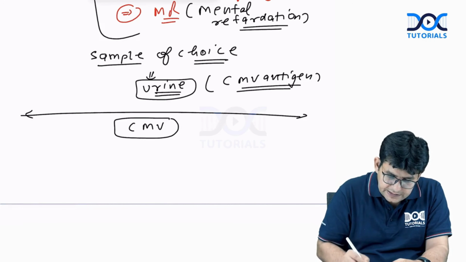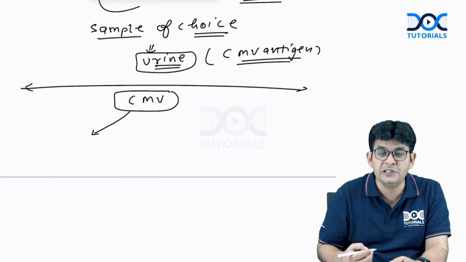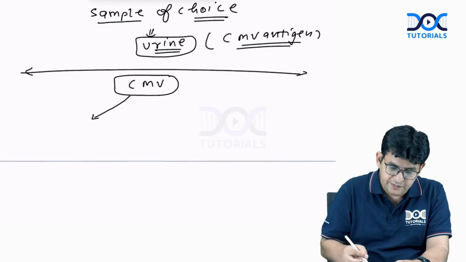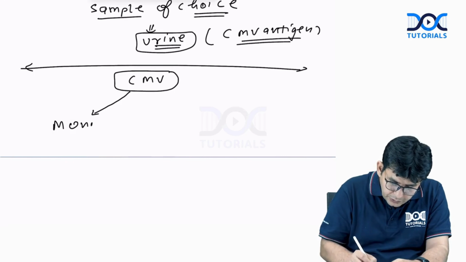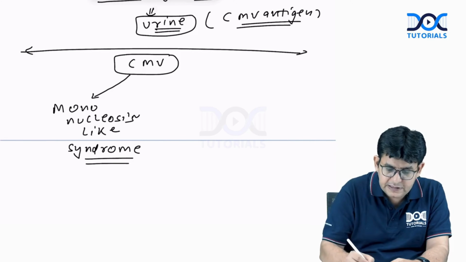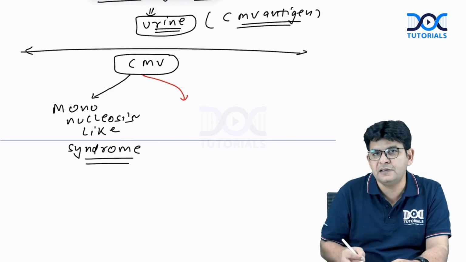If somebody asks you which other lesions are caused by this particular virus, CMV associates with mononucleosis like syndrome. Okay, it associates with mononucleosis like syndrome.